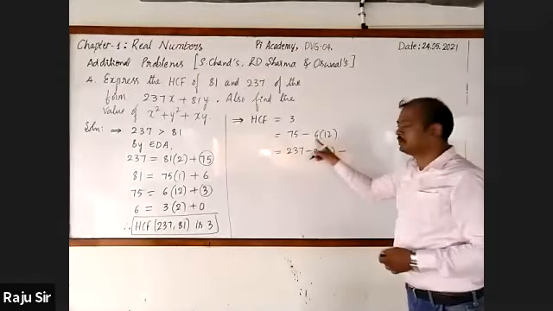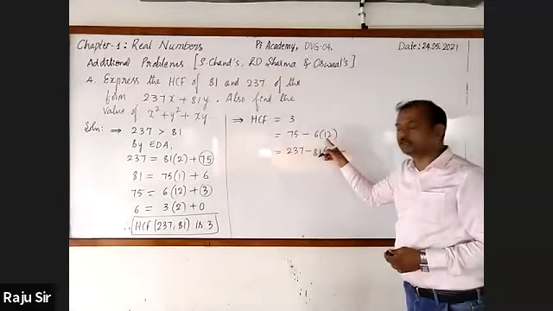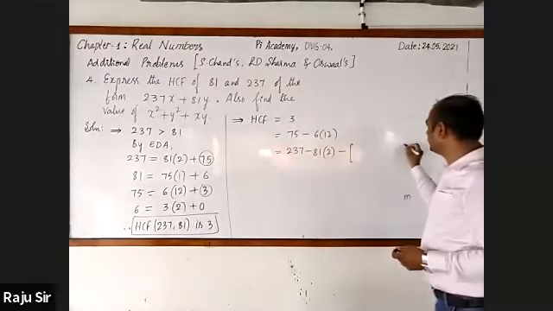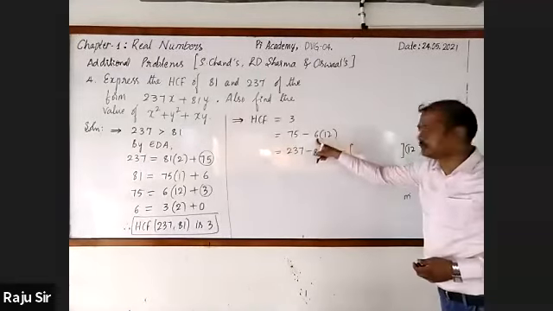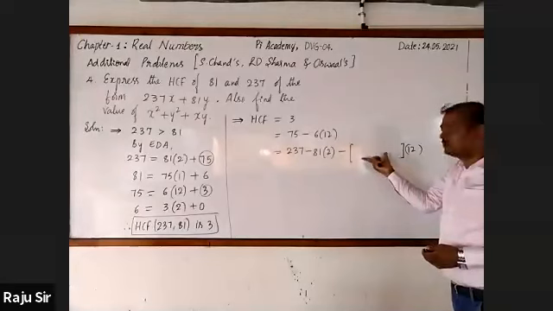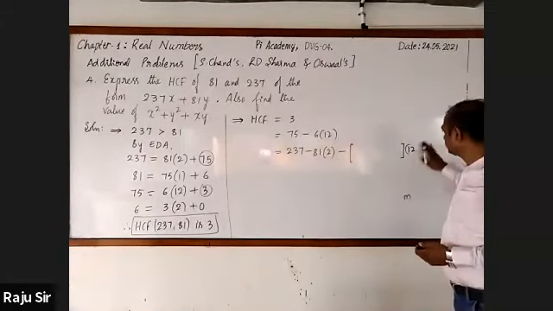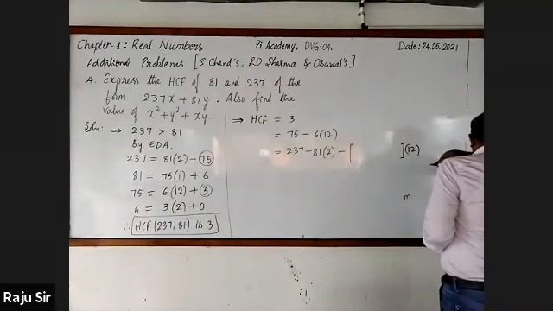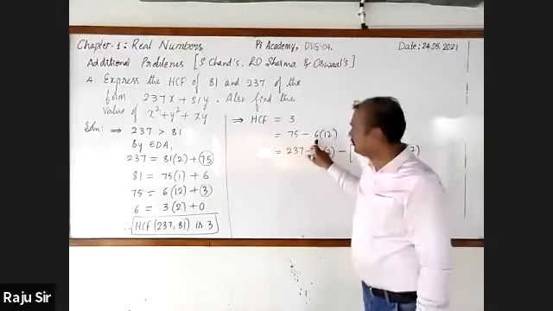Minus. Observe this carefully. Here 6 into 12 is there. We need to take substitution for 6. So I left the space, and 12 has been written outside the bracket. Now, let us solve 6.